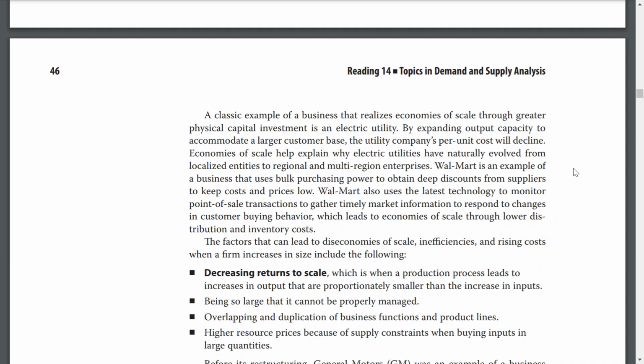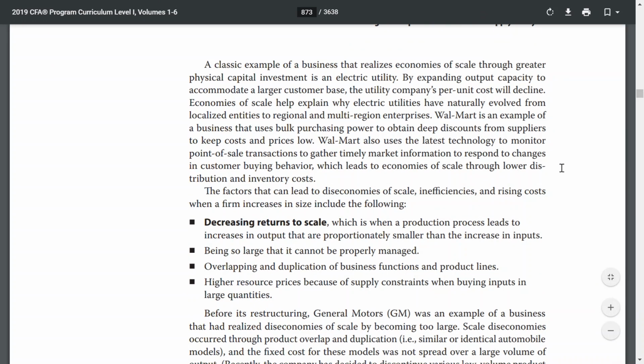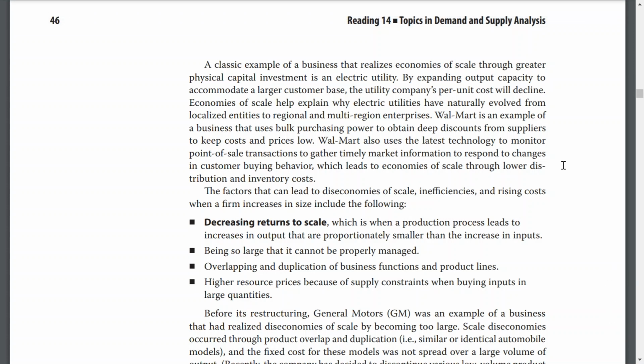By expanding output capacity to accommodate a larger consumer base, the utility company's per unit cost will decline. Economies of scale help explain why electric utilities have naturally evolved from localized entities to regional and multi-regional enterprises.